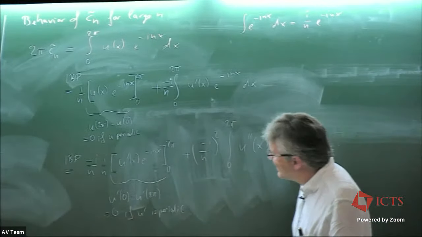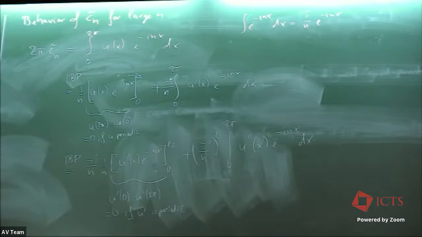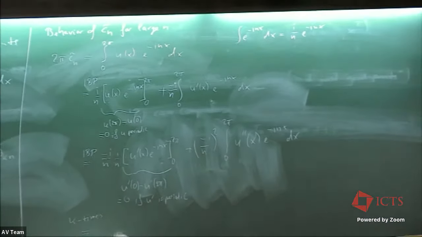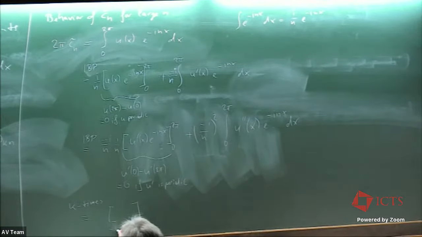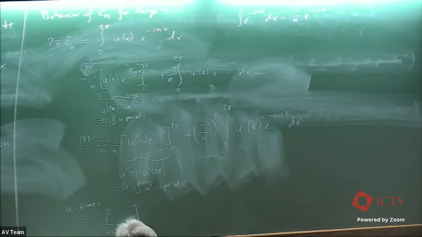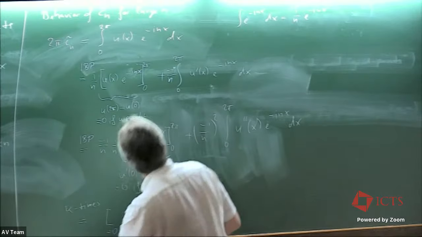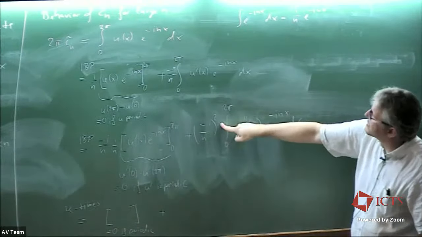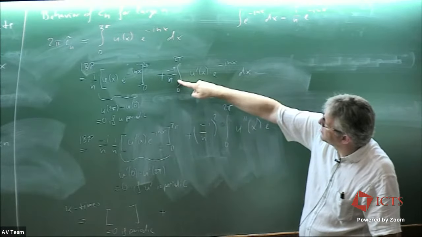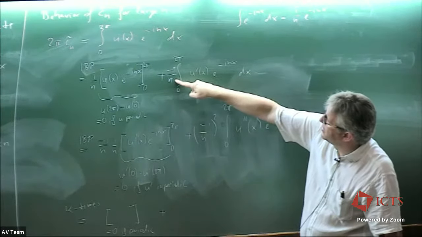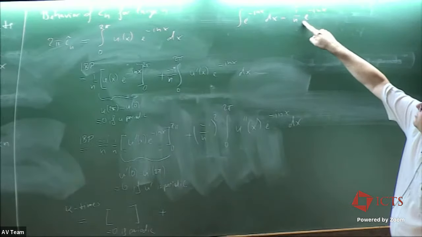And if we do this in total k times, we still end up with a boundary term which is going to be 0 if periodic. And then, watch here. Each integration by parts brings out a factor minus i over n from this term over here.